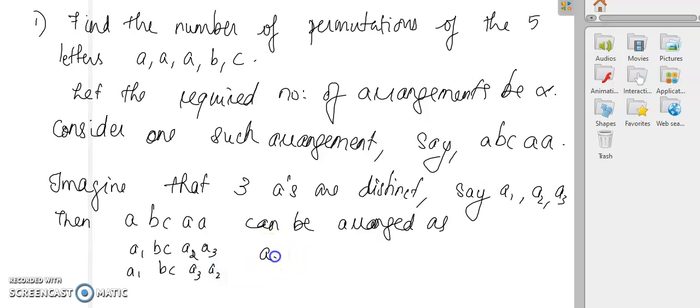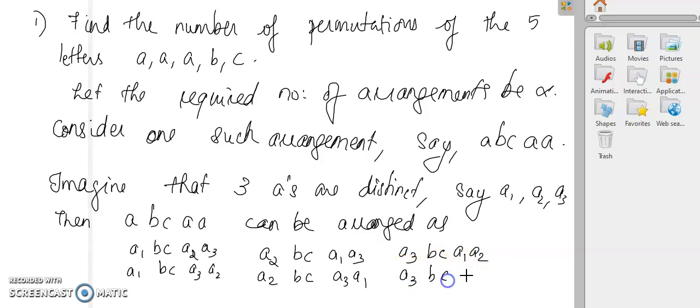Then you can start with A2, B, C, then A1, A3, then A2, B, C, A3, A1. Then you can start with A3, B, C, A1, A2, then A3, B, C, A2, A1.